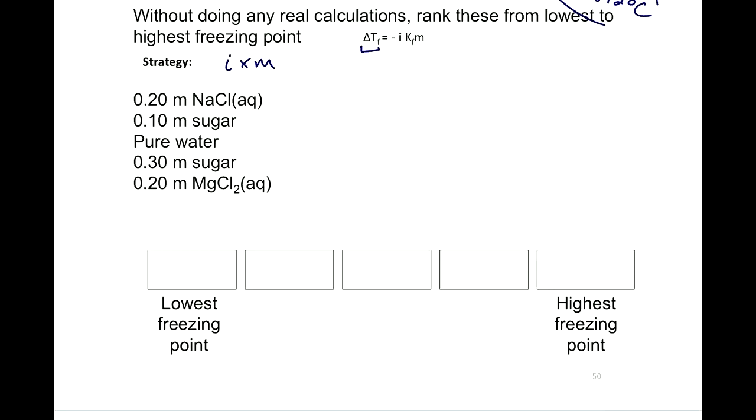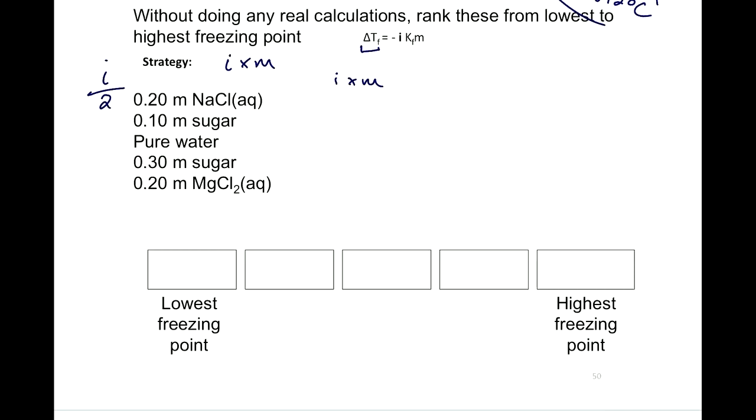So why don't we go through all of these and determine what i is for all of them. Again, in your mind, look at the substance, dissolve it in water, pretend that this is a net ionic equation type of question, and ask yourself how many particles pop out when you dissolve it. So if I dissolve NaCl in water, how many particles do I get out? 2.